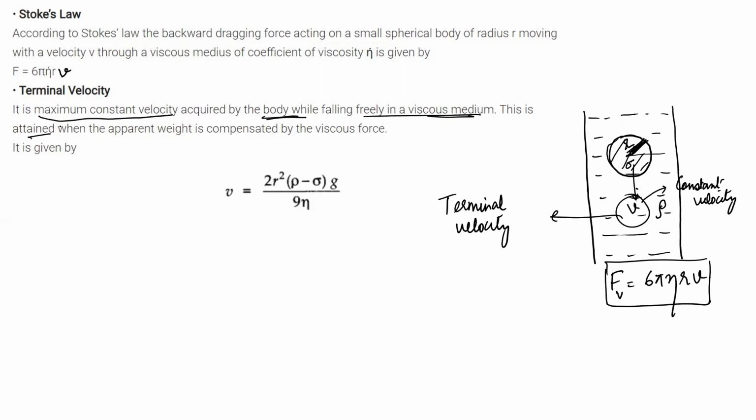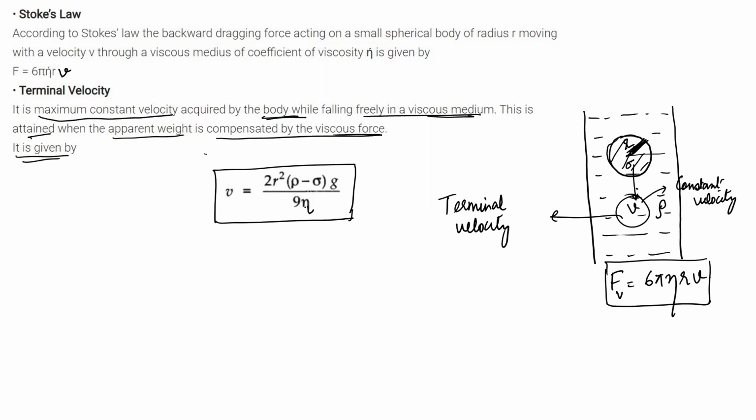This is attained when the apparent weight is compensated by the viscous force, and it is given by v is equal to 2r square (rho minus sigma) g upon 9 eta.